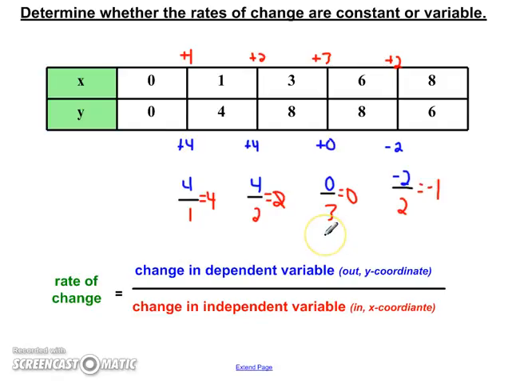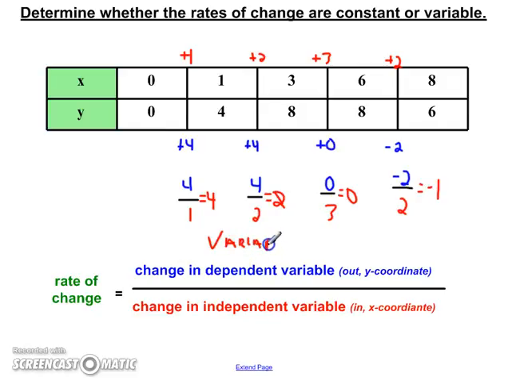In this particular case, what we're going to do is compare these values. If they are all the same, we have what's called constant, which would be a linear equation. If we don't have the same numbers, it's variable. So in this case, it is definitely variable.